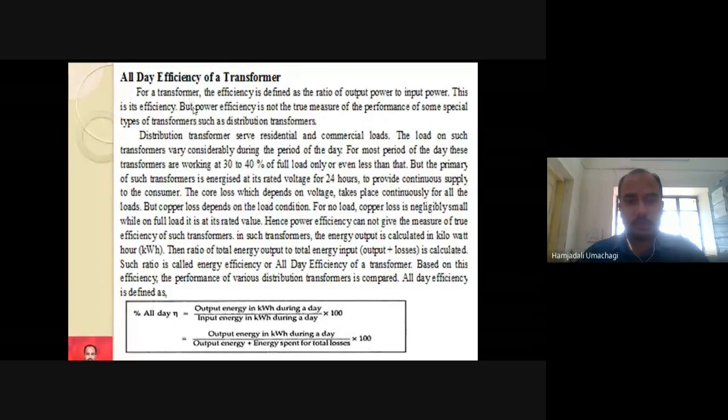So in our locality, we are going to observe there will be a distribution transformer. So what is the function of that distribution transformer? Why are we going to use it? How are you going to get power supply to your homes?